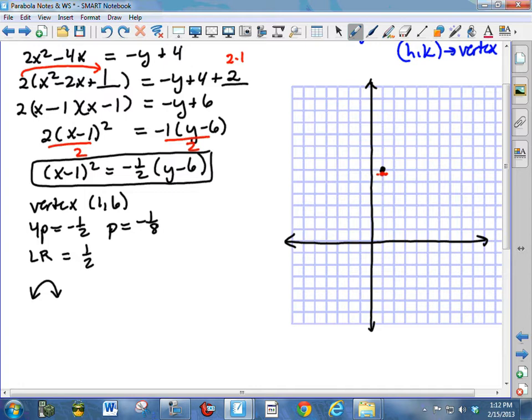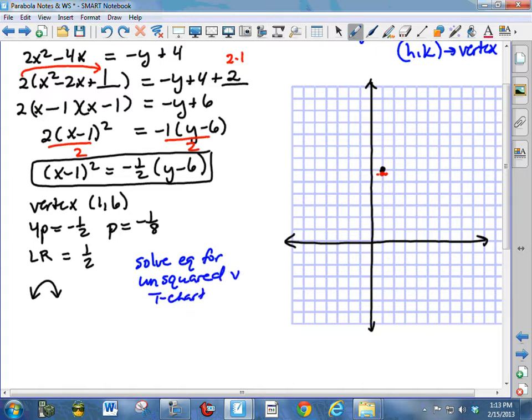So when I have a situation like this where the p-value is very small, it's best just to plot a couple other points. What I usually do is solve the equation for the unsquared variable and then just plot points, make a t-chart.